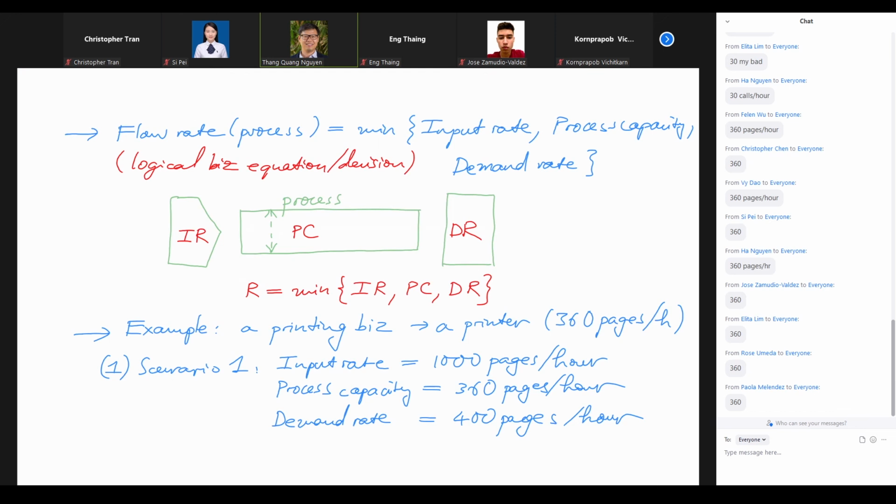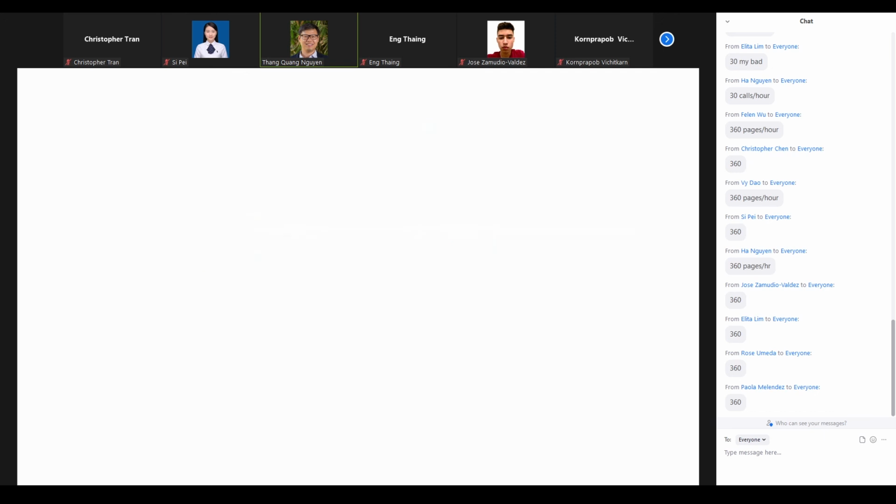So let me draw a picture to illustrate why we are all correct. All right, so we have the process right here. Let's call that a printer, even though the printer is only the resource inside the process.